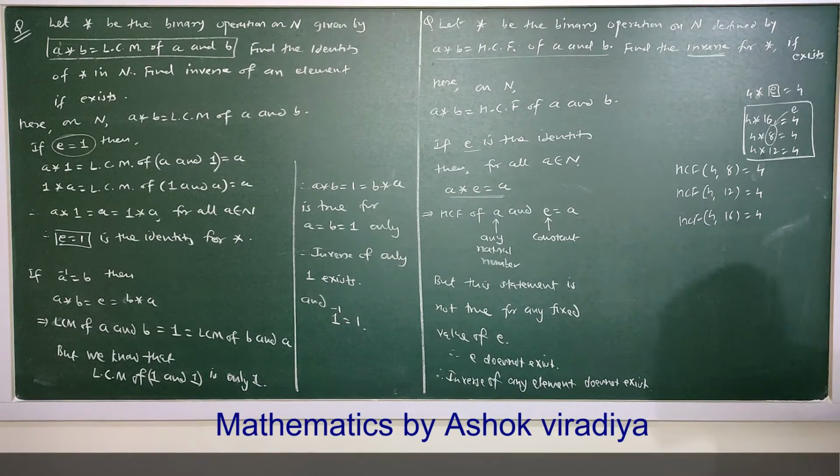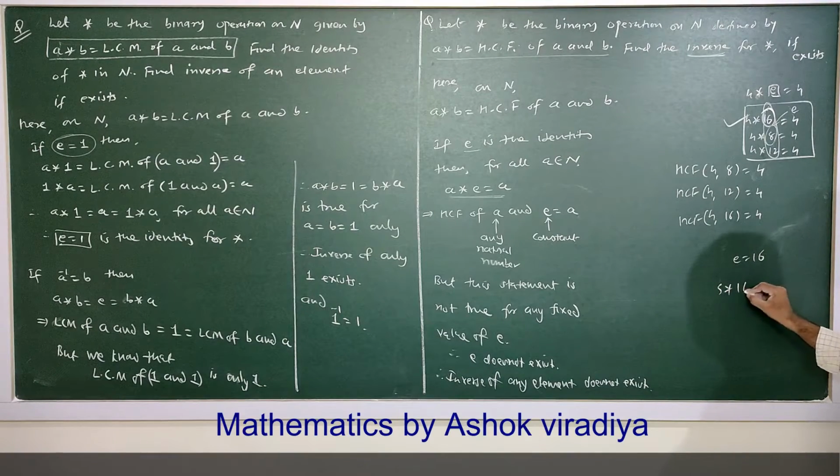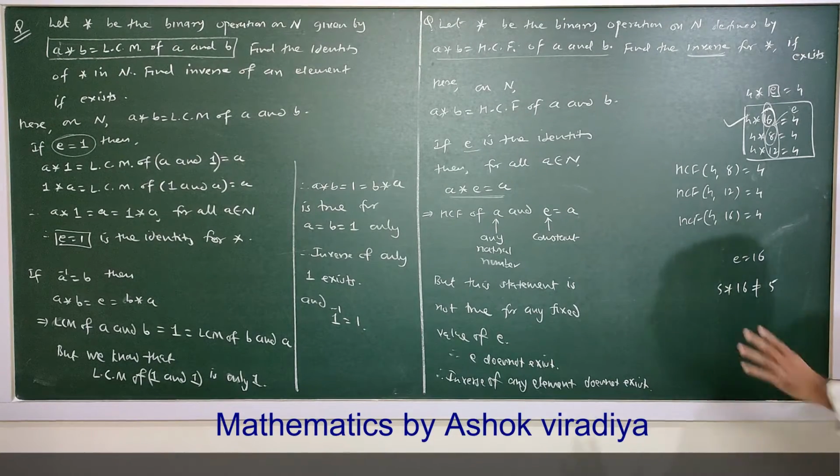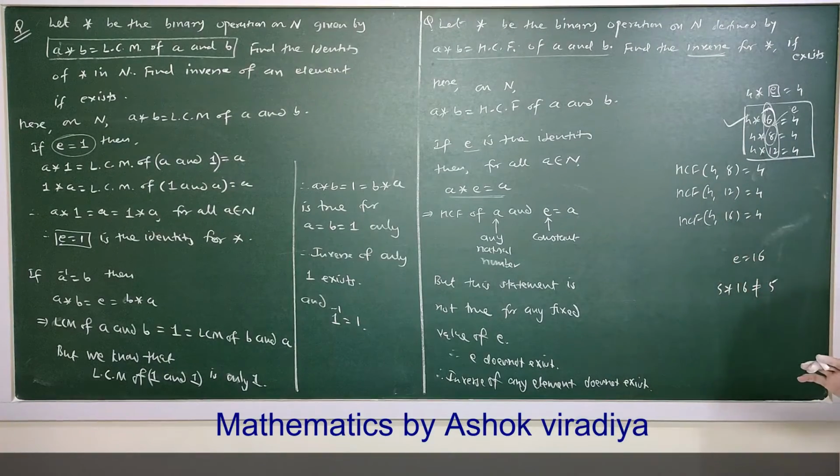E doesn't change its value, so none of these can be taken as E. If you take E equal to 16, considering this is true, then for A equal to 5, 5 star 16 is not equal to 5. 6 star 16 is not equal to 6. So that's why E does not exist.